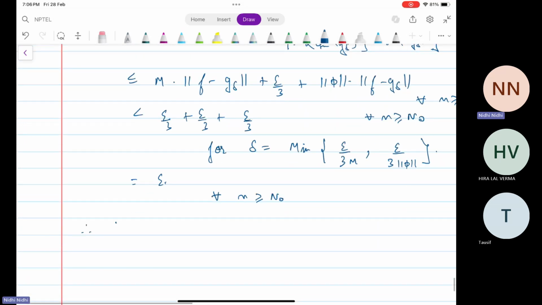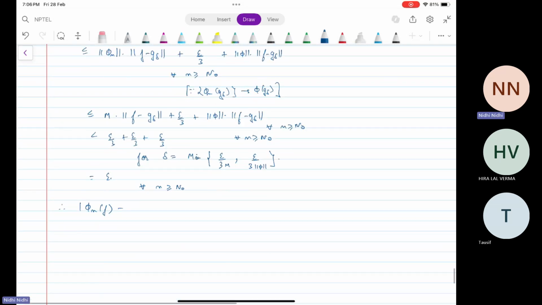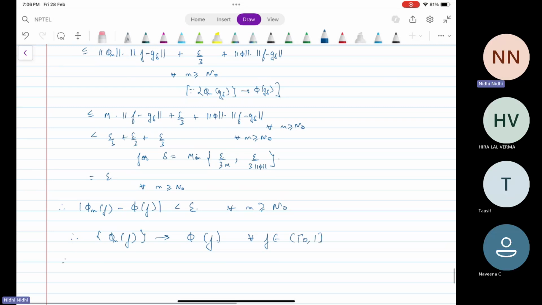Therefore, modulus phi n f minus phi f is less than epsilon for all n greater than or equal to n naught, and hence this sequence phi n f converges to phi f for every f in C01. Therefore, star holds.